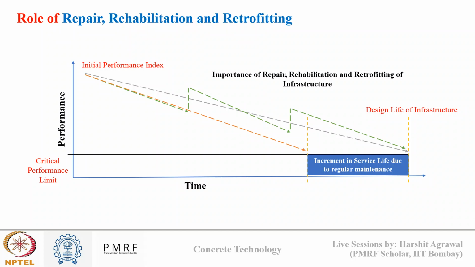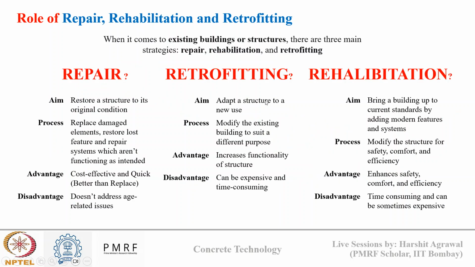In the IS code definition, we understood that degradation influences the service life of a reinforced concrete structure. We understood this again by looking at a performance versus time ideology, where we saw how performance degrades over time, which leads to end of service life, and then how repair, retrofitting, and rehabilitation can improve the service life. Going one step further, we understood what each of these three R's, that is repair, retrofitting, and rehabilitation, means in terms of their role for enhancing the durability of concrete.